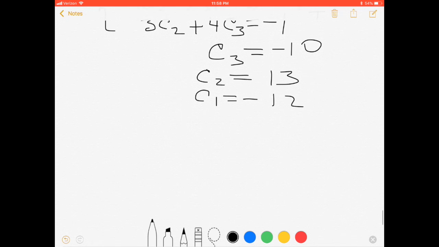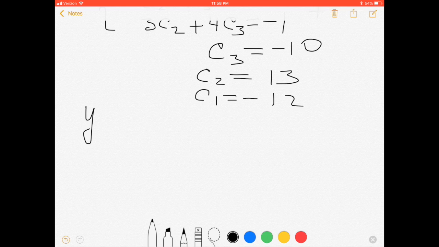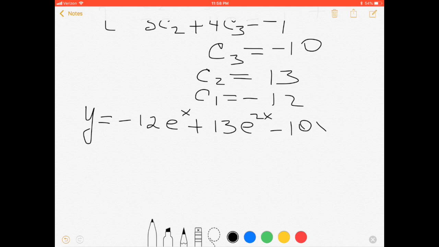Okay, and this means our solution with this initial point will be negative 12 e^x plus 13 e^(2x) minus 10x e^(2x).